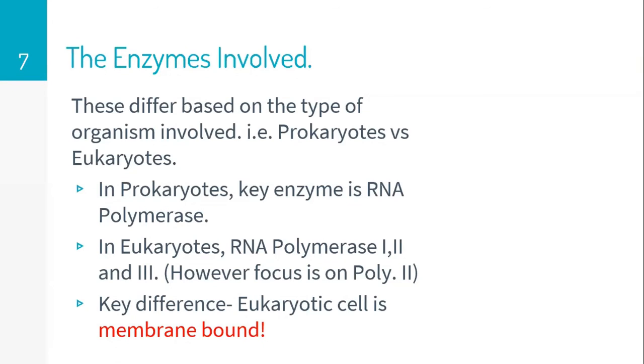RNA polymerase 3 is used in the synthesis of your tRNA molecules, and we know that tRNA is used in translation. So you use RNA polymerase 3 to make that tRNA so you can make your proteins.